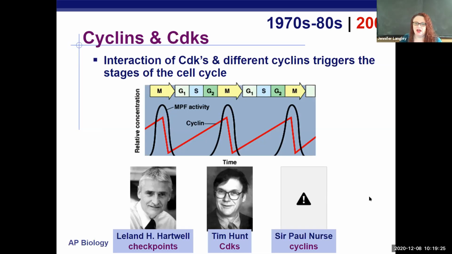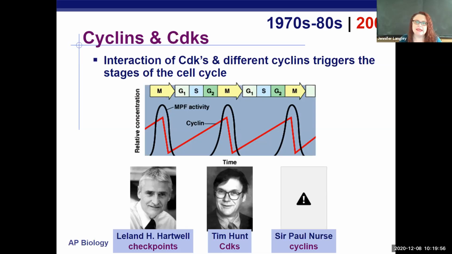And then we have another scientist that found the CDKs and different scientists that found the cyclins. So it takes a lot of people working together to discover these things. And this is why it is so important for us to publish and actually give our findings out to be able to share that information in science. So you can see here, it took 3 different scientists to be able to understand this.